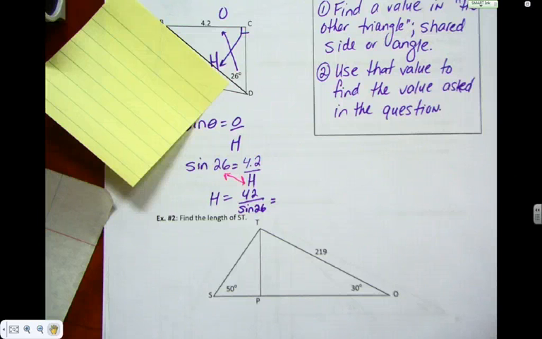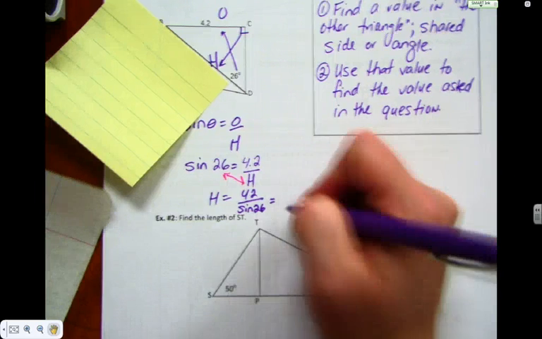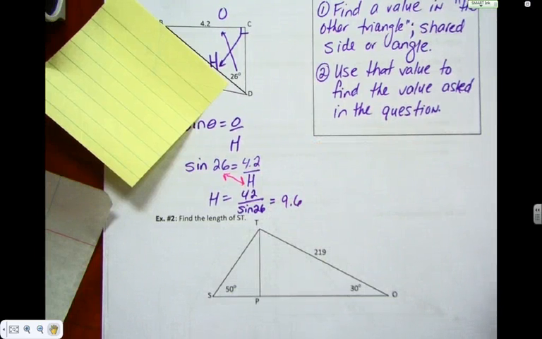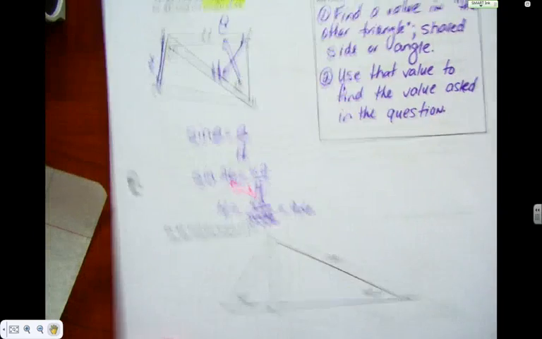Makes me happy. Value? 9.6 is the offer. Confirm. Okay, so I'm just going to add that to our diagram.